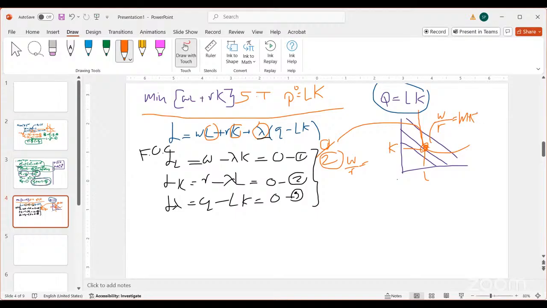So those things we discussed. Now, how to find the MRTS? It is the marginal product of labor divided by the marginal product of capital. We did all of them. Here you get the marginal product of labor because we differentiate the production function, and here the marginal product of capital.